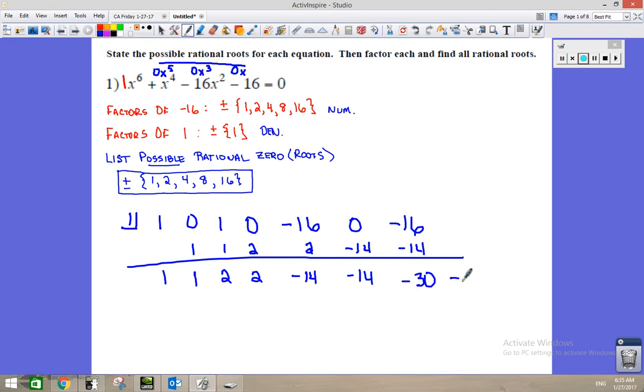So since this is not 0, I'm really not interested in this positive 1 at all, so I just move on to the next number in the list. And I may as well try negative 1.